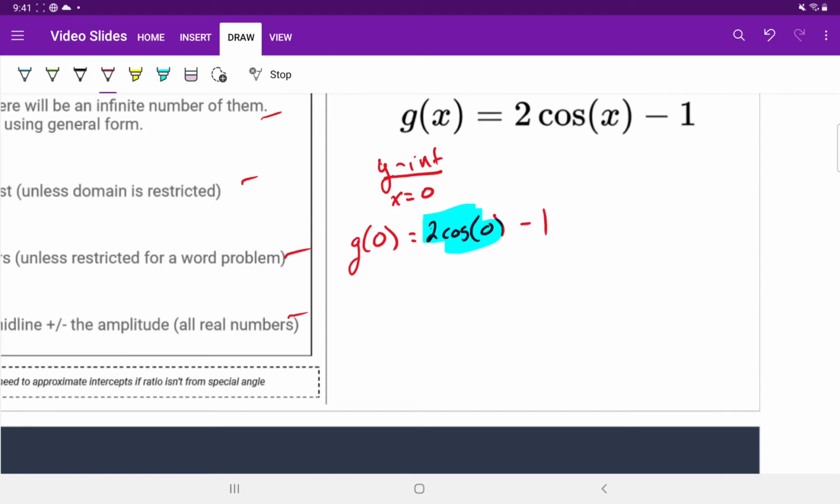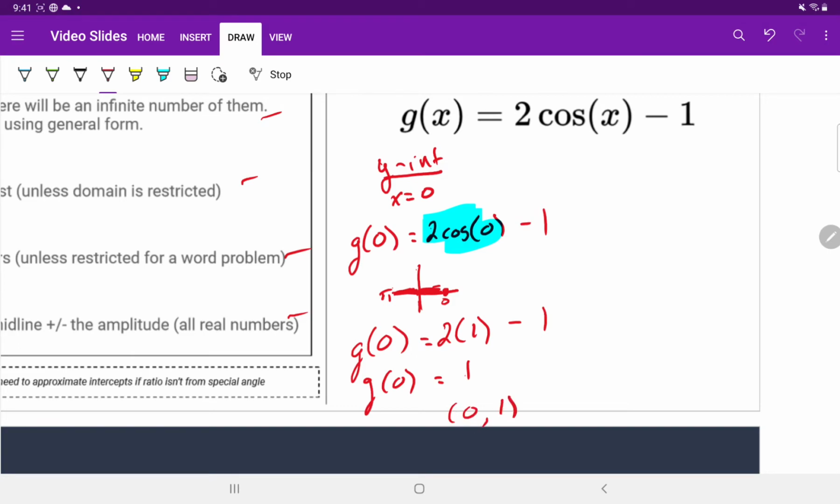And so I'm going to think to myself, on my unit circle, when I have 0 degrees, what's going to be my cosine value? And remember that little trick I taught you where your cosines are like your coasts. So your coasts are 1 or -1 at 0 and at pi here. So as soon as I see 0 degrees, I can replace that 2 cos of 0 with 2 times 1 minus 1. And then g of 0 would be 2 minus 1, or just 1. So we have a y-intercept at (0, 1).